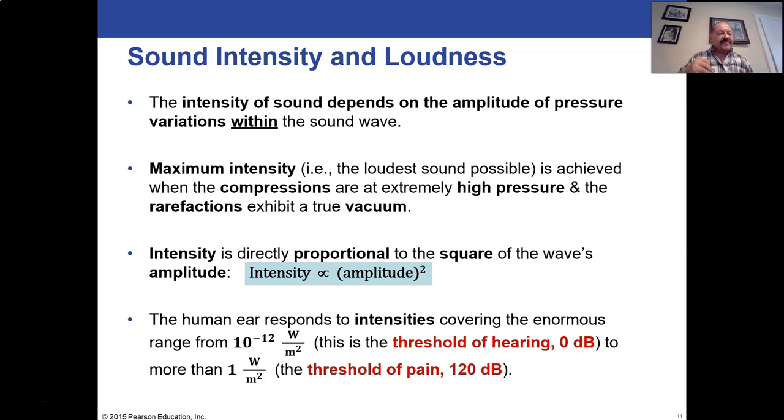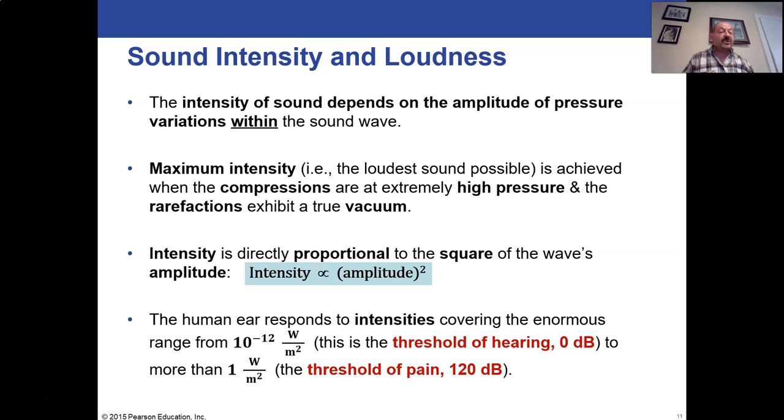All right, and that low a level has been assigned the title of 0 decibels. You probably heard that term. So we call 0 decibels the bottom intensity that humans can hear. Anything lower than that is too quiet for anybody to hear, and we call that the threshold of hearing.